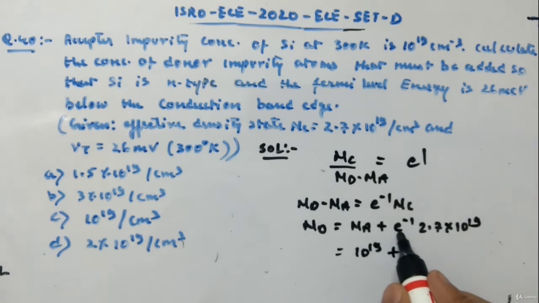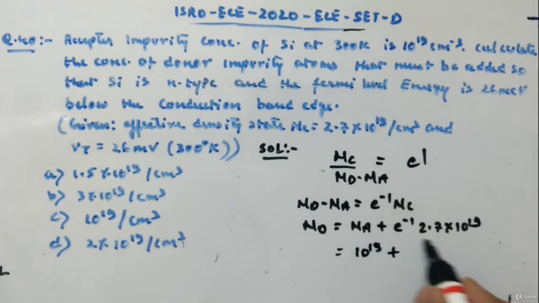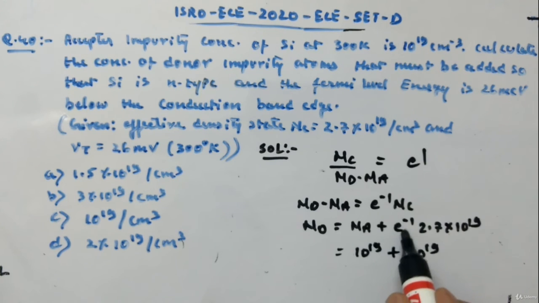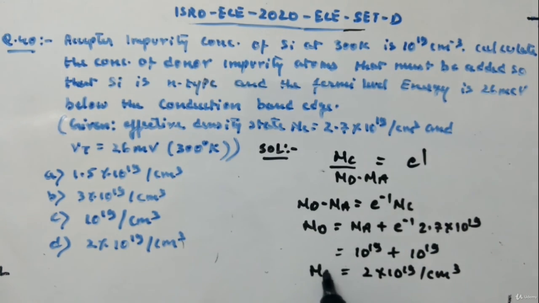So 2.7 is e only. If you divide it by e, you will get 1. So I can directly write 10 to the power 19, because the value of e is 2.71 and it is in inverse, so it will get cancelled. So 2 into 10 to the power 19 per centimeter cube. This will be the donor impurity. So the answer will be D.